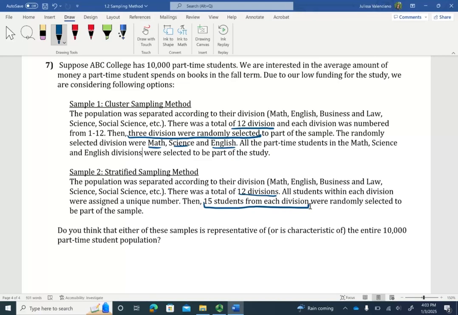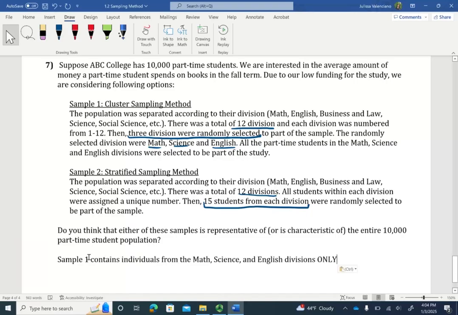Now, here's the question. Do you think that either of these samples is going to represent the entire part-time student population? Again, the entire part-time student population is composed of 10,000 students. So what are your thoughts about sample 1? Sample number 1 is going to contain students from the math, science, and English divisions only. We don't get to hear from anyone else.